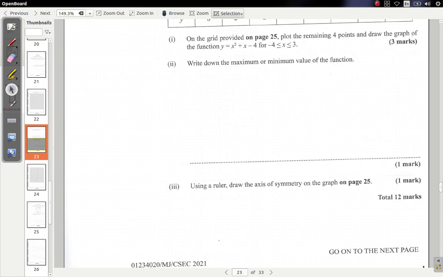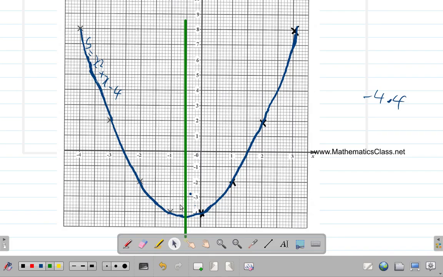Alright. But, as I said before, you could have said x equal negative b over 2a, you know. I'll do it now. So based on the equation, a is 1, b is 1. So x equal negative b over 2a, negative 1 over 2 times 1, negative half.